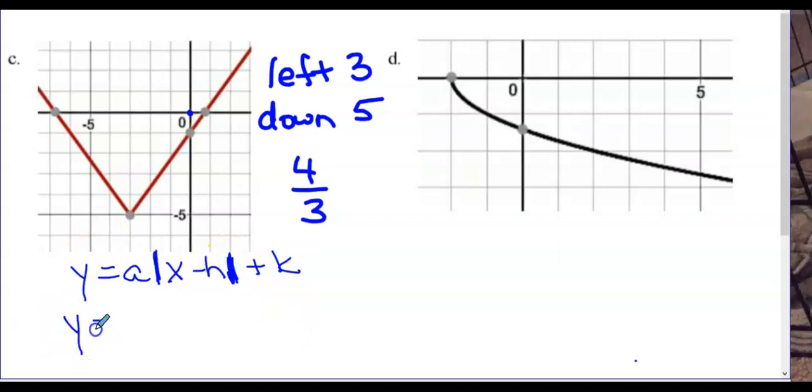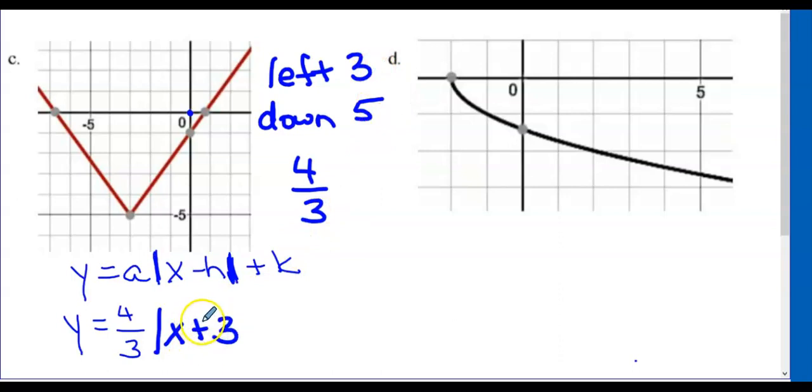So our equation is going to be y equals 4/3, which is the slope or the compression or dilation. Then inside the absolute value, x, and then left 3 is going to be plus 3. The reason is that x minus -3 is x plus 3. And then on the outside, down 5 is minus 5. So that's the equation for that one.